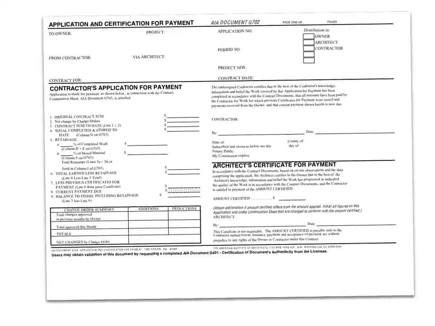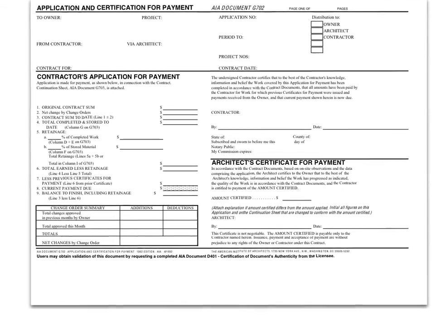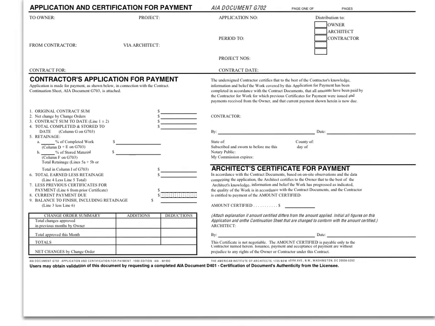Now that we've taken a look at G703, let's take a closer look at G702, the companion document. Once G703 has been completed, then G702 can be completed. You will notice at the top of G702 there's a title block section that includes a place to put what page number this is of the total number of pages of the document.